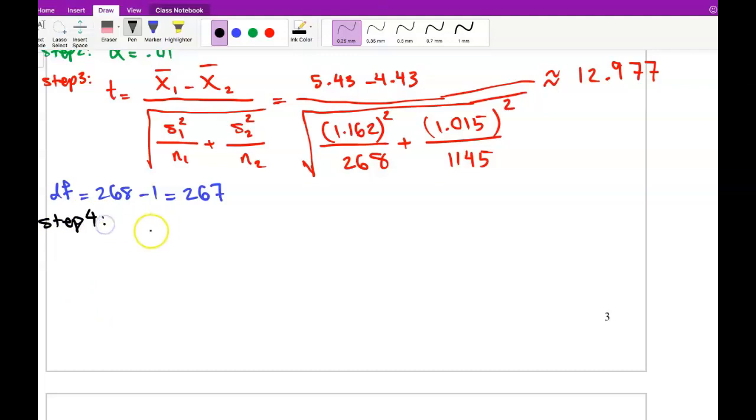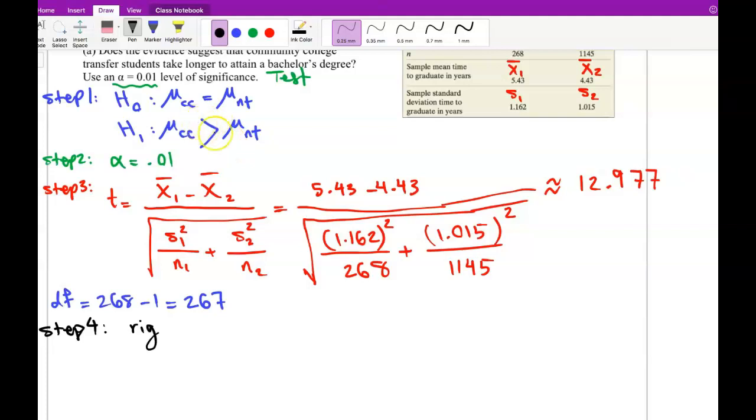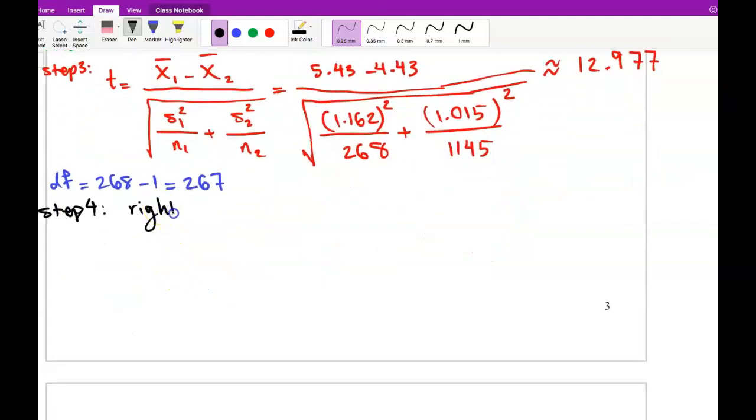Now step 4. Since this one was greater than, we have a right tail.